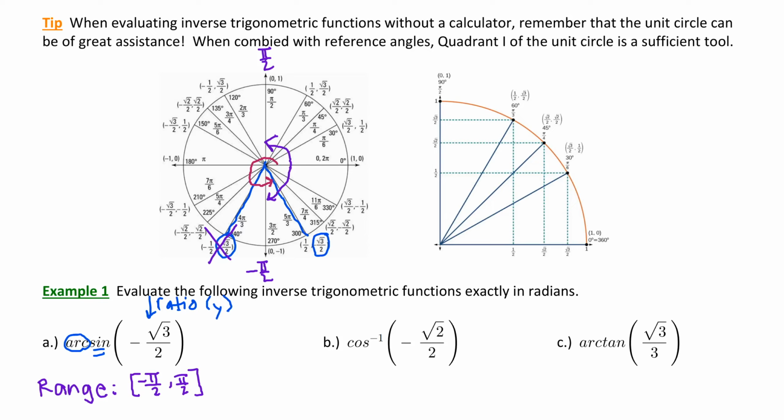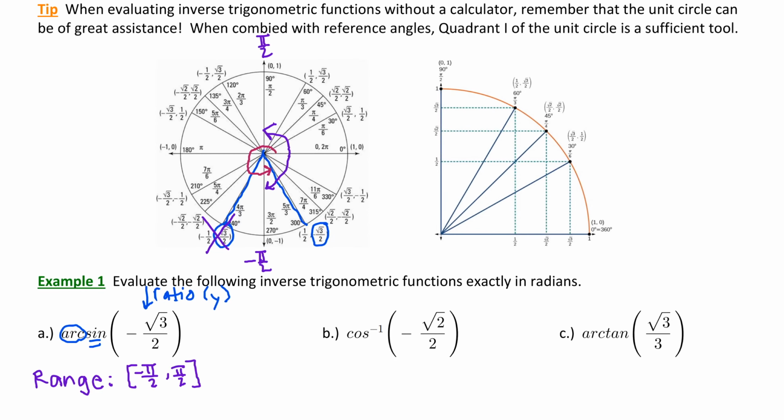Perhaps it would be easier to think about it in degrees. If we were to write the range in degrees, we would say from negative 90 degrees to positive 90 degrees. Well, if we rotate to the terminal side of 5 pi over 3, we know that's 300 degrees. Notice 300 degrees is outside that interval there. But do not fear, we can fix this very easily by rotating in the negative direction.